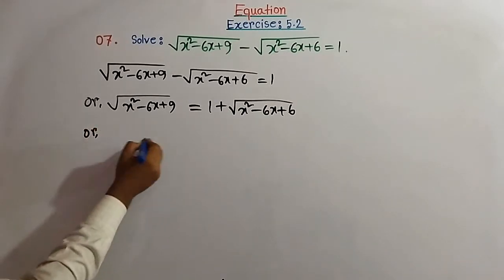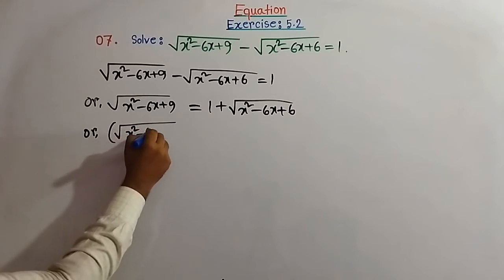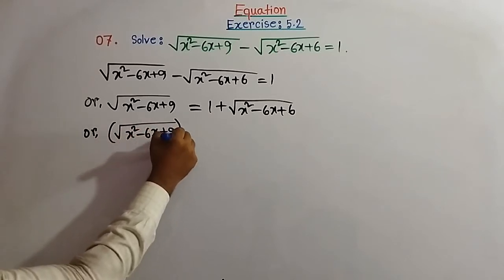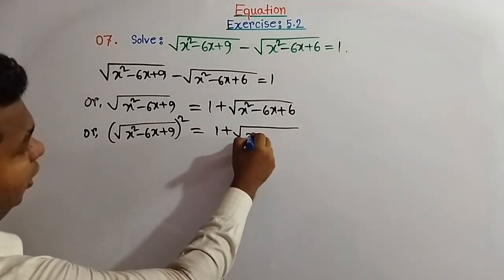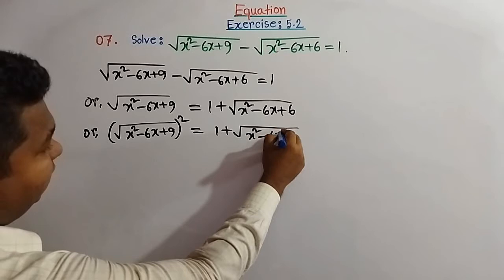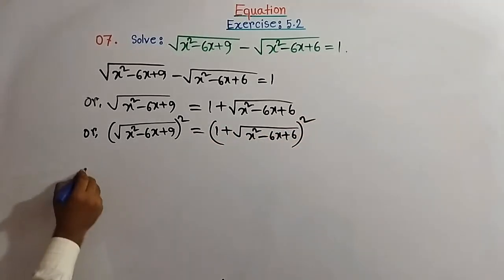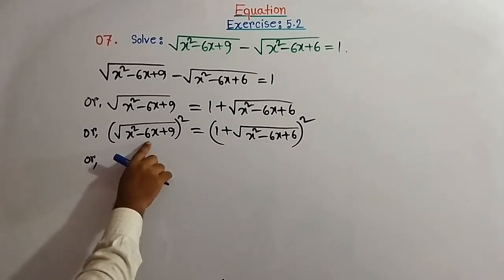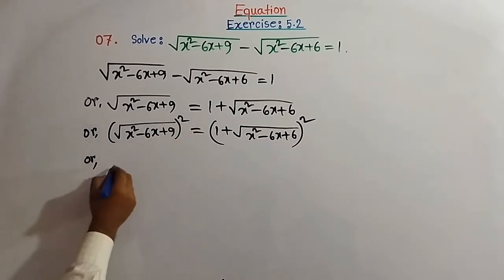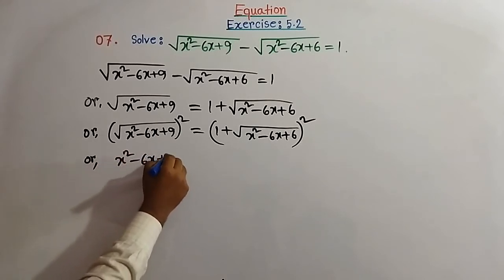So by squaring both sides, we will get square root of x square minus 6x plus 9 whole square equal to 1 plus square root of x square minus 6x plus 6 whole square. Now square root of x square minus 6x plus 9 whole square equal to x square minus 6x plus 9.